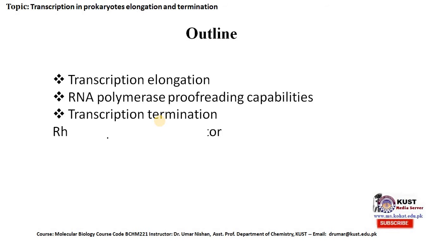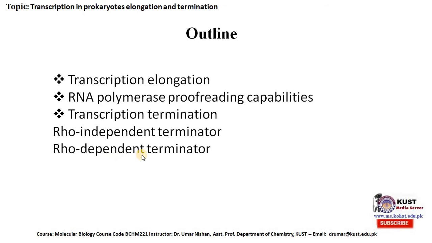This transcription termination is of two types. One is called rho independent terminator, and the other type is called rho dependent terminator. So we will talk about these two different modes of transcription termination. So this is the outline. Now we move to our lecture.